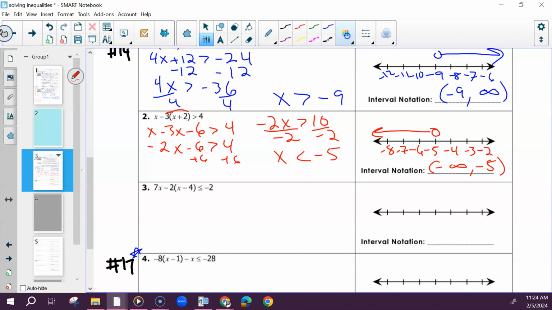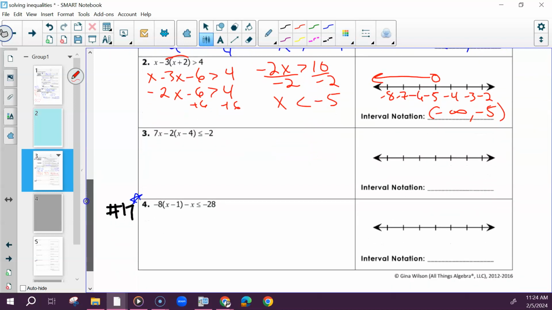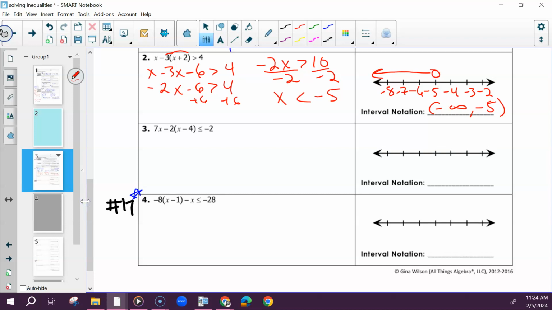Alright, we'll do 3 and 4 and then I'll let you guys choose some. Okay, how would we start solving 3? Distribute. So we have 7x minus 2x plus 8 is less than or equal to negative 2.